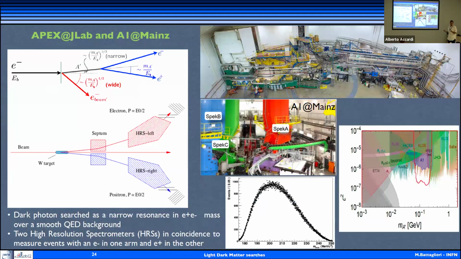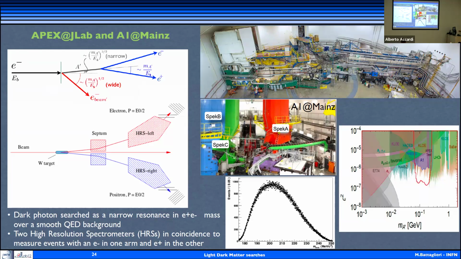So let's take one example. There was the first experiment that ran here at Jefferson Lab. It was called APEX, A Prime Experiment. See the fantasy of the name. Electrons hit a thin target, a high Z target, so you radiate gammas, and one of the gammas produces an A prime.